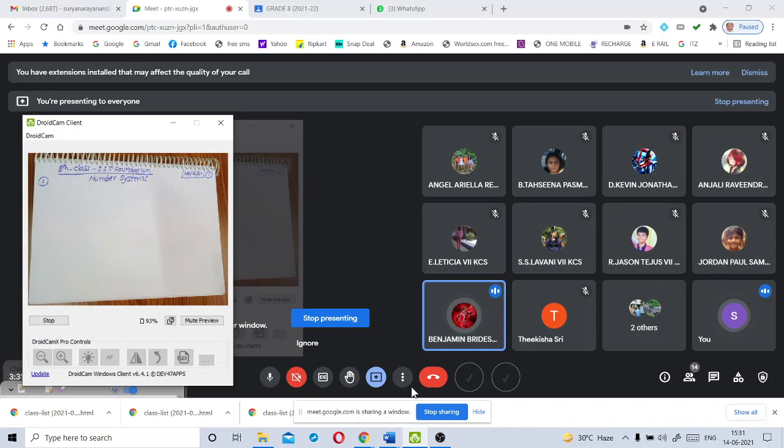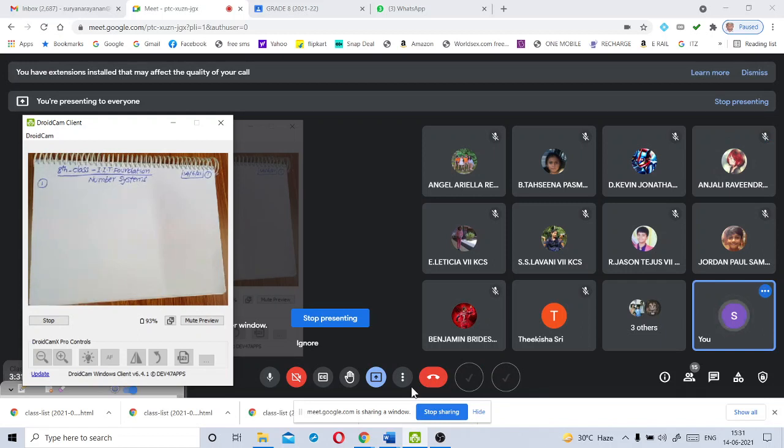Natural numbers, whole numbers, fractions, integers, rational numbers. Very good. Fractions and rational numbers. You are studying rational numbers also. Yes or no? Yes, sir.